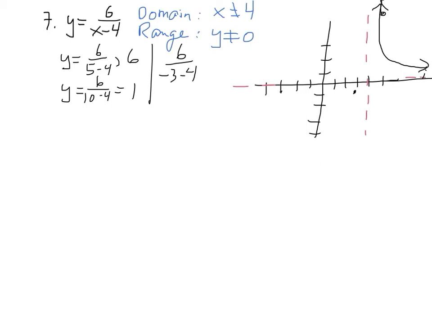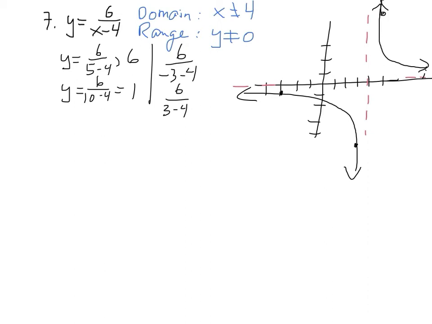Negative 3, it's very close to the x-axis. And I really wanted to plug in 3. So 6 over 3 minus 4 is negative 1, so I get 3, negative 6. So it's down here. This side of the curve is going to go like so. And again, they're restricted by those two asymptotes.